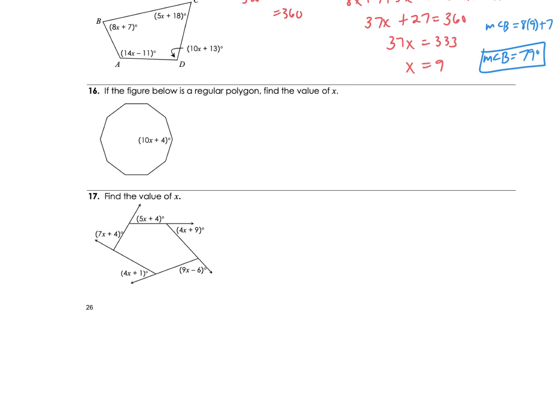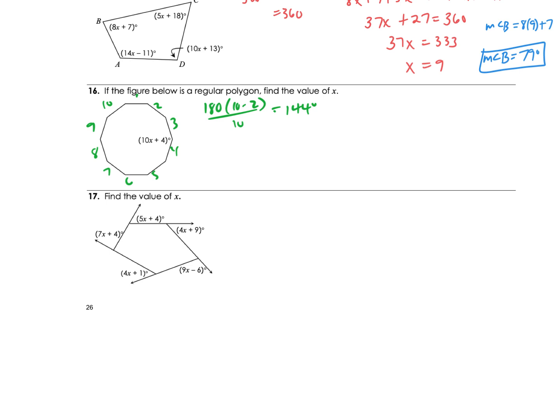Number 16. It says it's a regular polygon, so what does that mean? All the sides are the same. So this is 1, 2, 3, 4, 5, 6, 7, 8, 9, 10 sides. Again, there's more than one way to do this. You can use the formula 180 times 10 minus 2, divided by 10, to find out what each angle equals. You get 144.